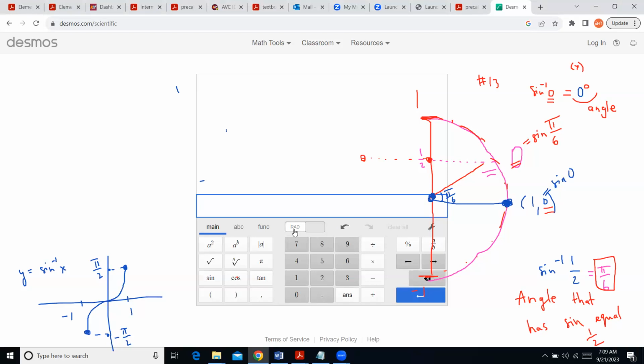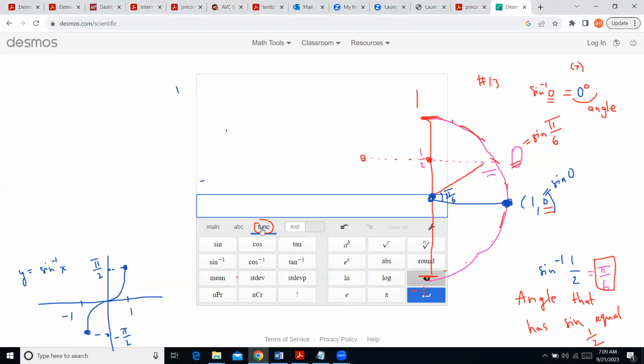radians. And now I need to get an arcsine. So how do I find it here? Well, it's in the function menu. So you go to the functions and you will find this arcsine here, right? And then I will just enter it. So arcsine, and now to get to 0, you go back to the main menu, because that's where the numbers are.